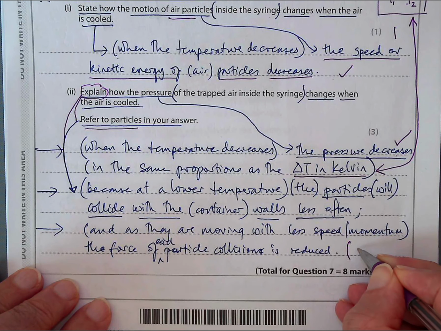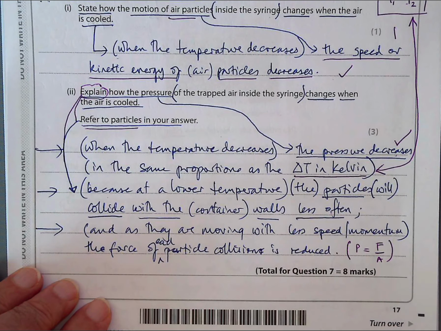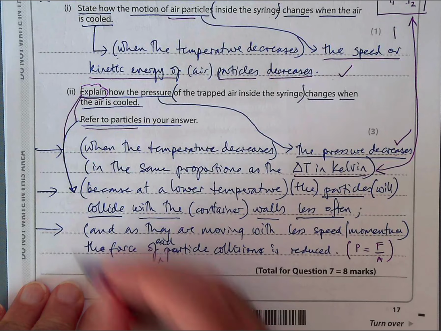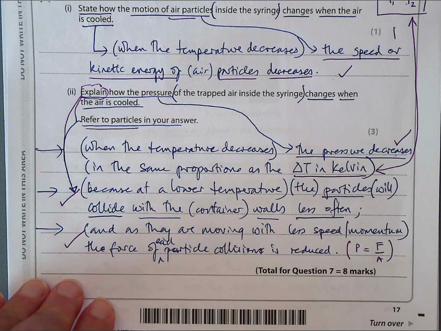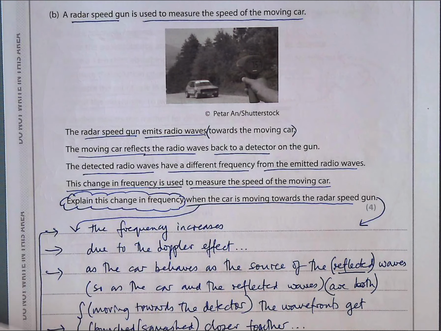And remember that pressure is the sum of all these microscopic forces divided by the area of the container walls. Okay, so this is a more difficult question for the 3 marks, 1 for there, 1 for there, and 1 for there. Okay, so remember you can download the mark schemes because these are old papers.